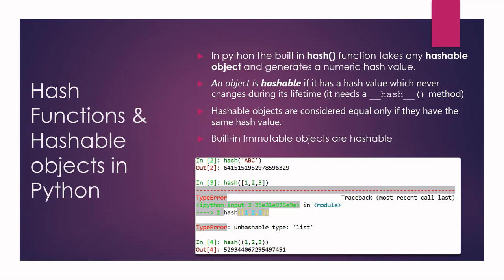If an object can be hashed, we call it hashable, and that's the type of object that we can send to the hash function and receive the hash code. So in order for it to be hashable, a subset of the hashable objects are the immutable objects. Okay, so for our context here, we can use them interchangeably. So in order to use a hash, we need to use an immutable object.